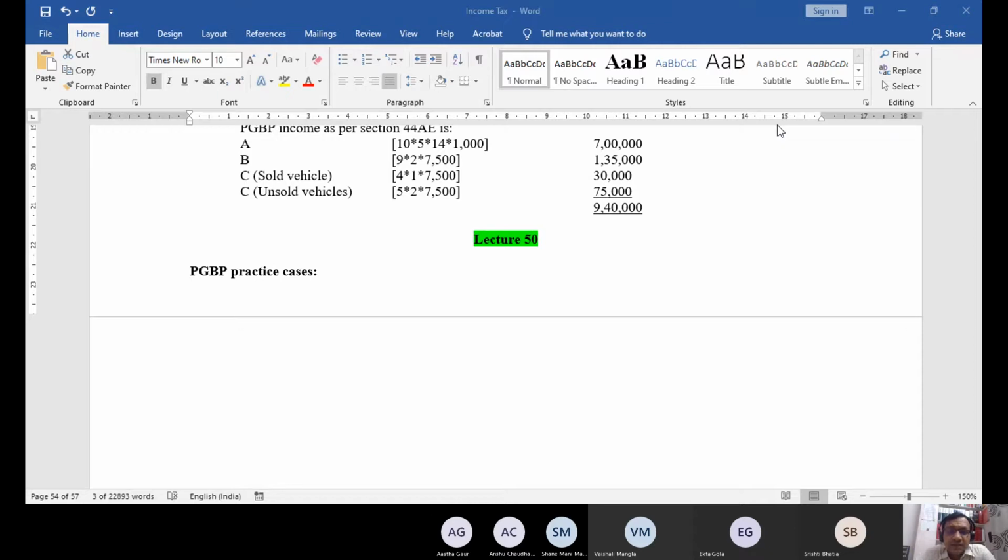Similarly there is reconciliation of P&L account expenses with cost expenses, if you remember the cost sheet. If you don't remember, you can forget it. The purpose is to show you that for PGBP purposes of the tax department, there is no need to prepare a fresh P&L account. If you already have the P&L account, you simply rectify it.